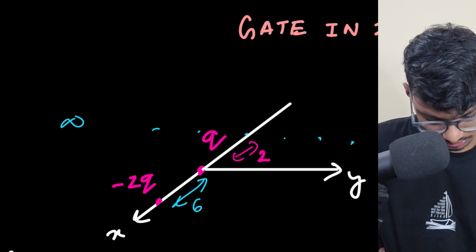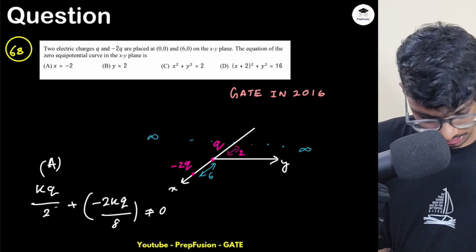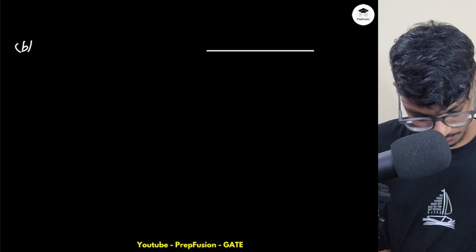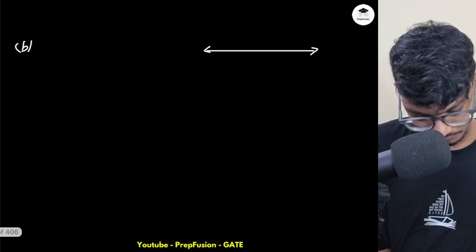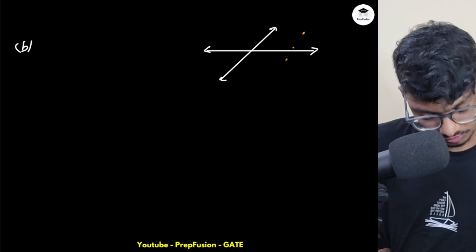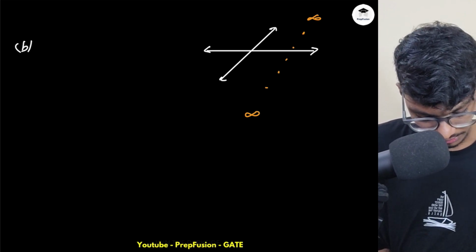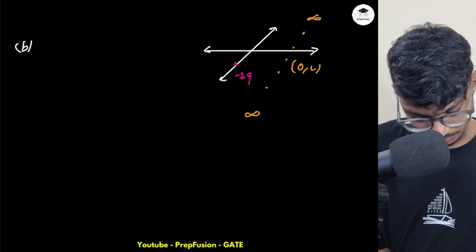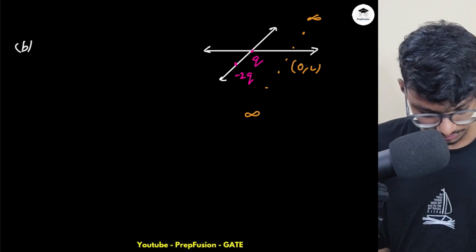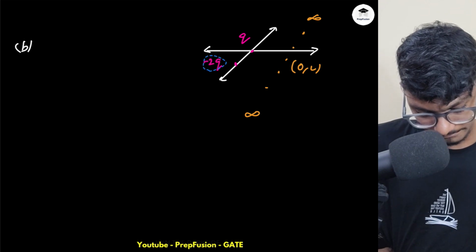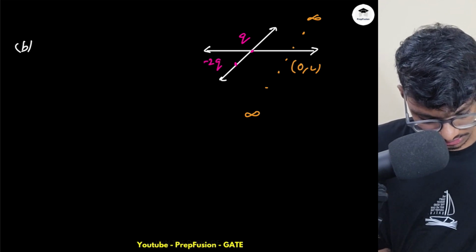Obviously we can solve this by the normal method as well, but we're still trying with the options. So what about option B? If I choose option B, it is telling me y equals 2. So y equals 2 is this line. It will be similar: at infinity the potential is 0, and here I have charge Q at the origin and minus 2Q at (6, 0).